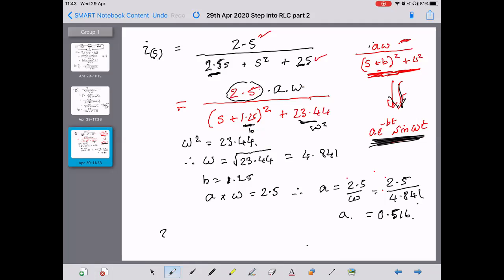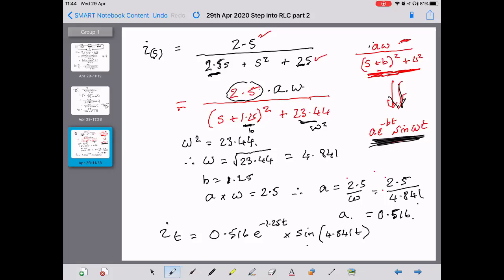So we can say i(t) is equal to I, which is 0.516, e to the minus b, 1.25t, times the sine of omega, which is 4.841t.